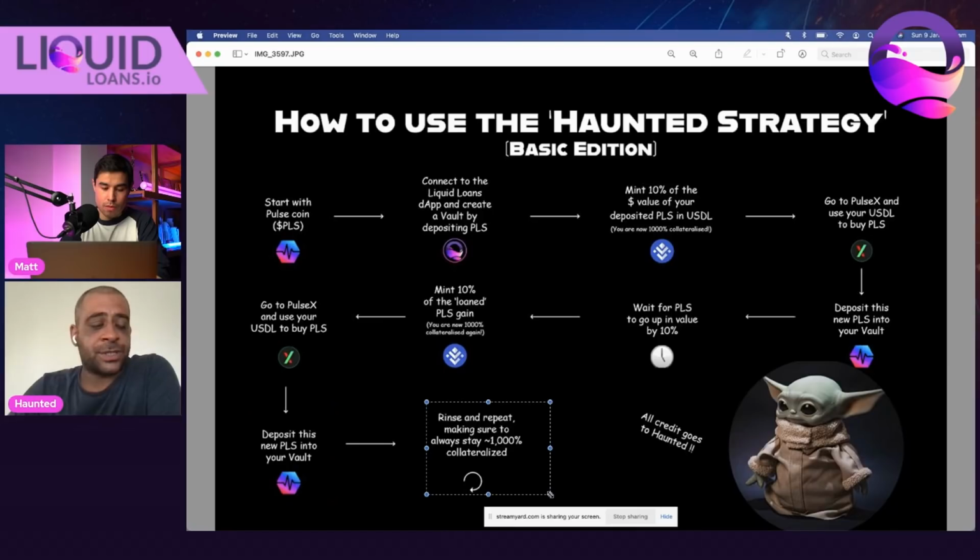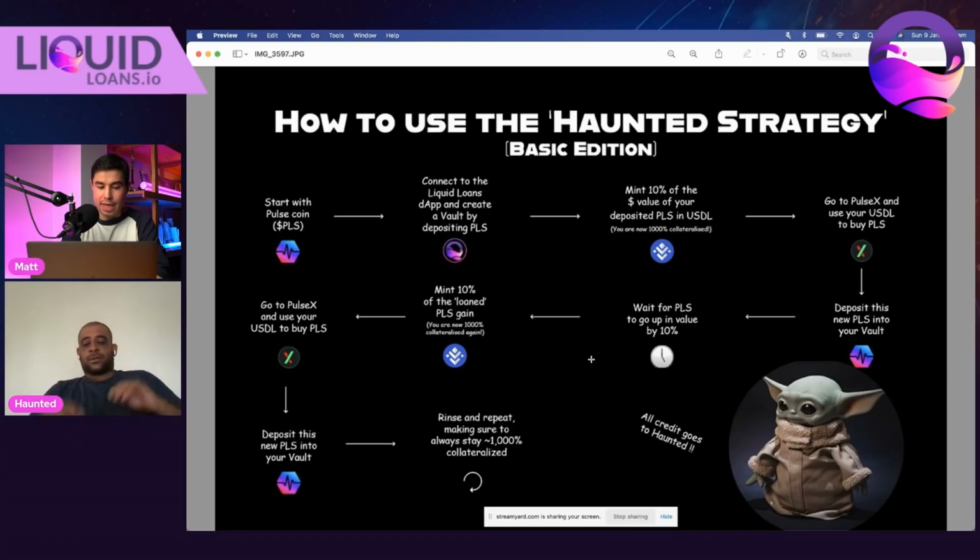You just keep this process over and over, growing the Pulse that's sitting in your vault and compounding the price appreciation by gaining more Pulse. And you're always staying at 1,000%. Is that correct? Yes. So you never take a loan if you're lower than 1,000%.